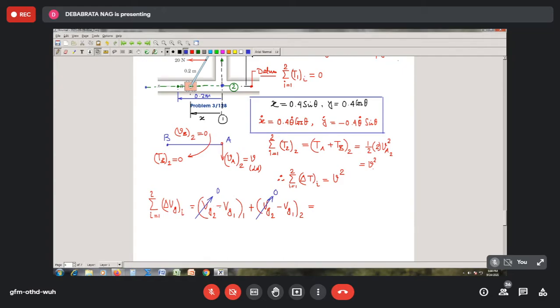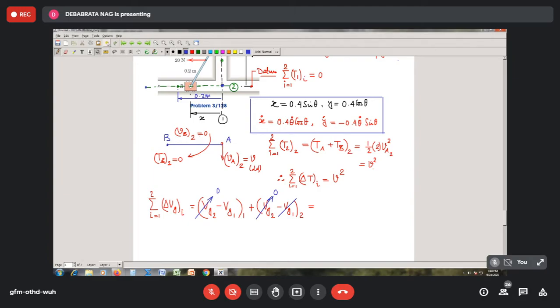Further, we note that you can take particle 1 as particle A, and particle 2 as slider B. So this is also 0. This is also coming out to be Vg1 at 2.